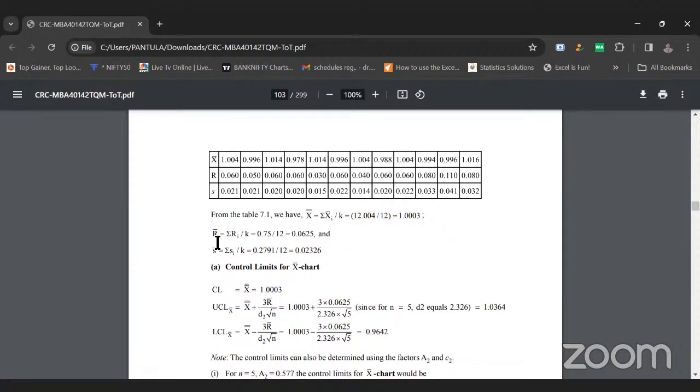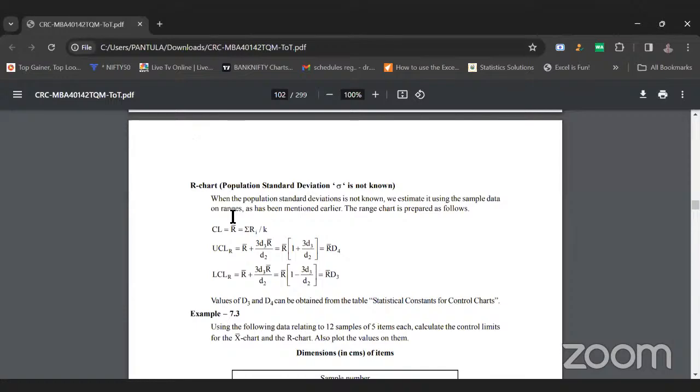So R bar is equal to the summation of R1 divided by K. Here the summation of R1 is 0.75 divided by 0.025, and the summation of S. So here we are going to get like 0.3. So these values R and S, we are going to take from this formula.